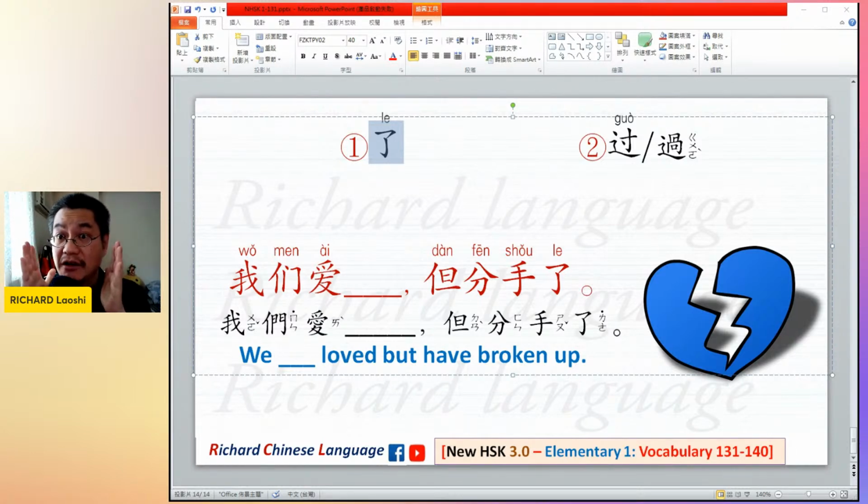When you use 过, first of all, you're talking about your previous experience in the past. Secondly, this situation does not last to the present time. The situation has changed. It's not about now.